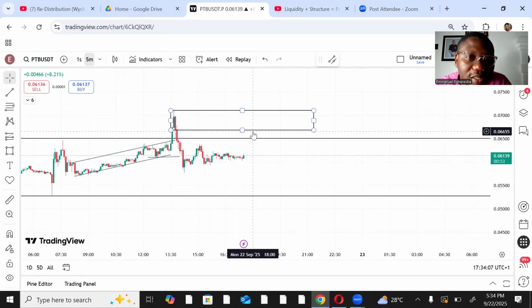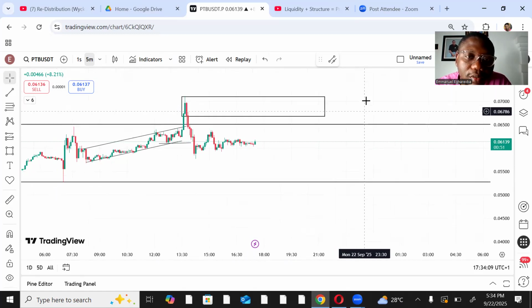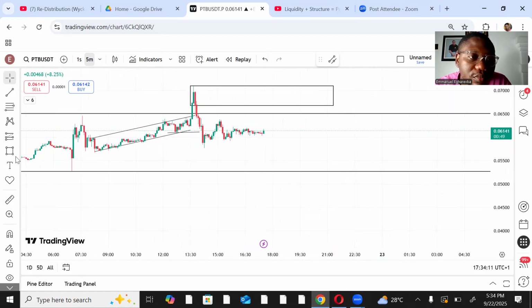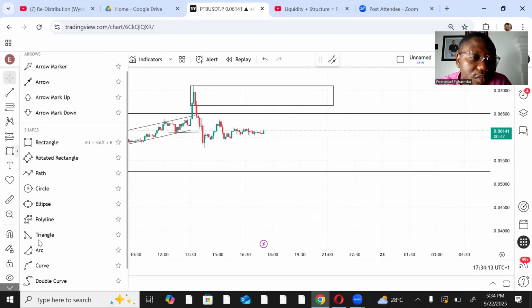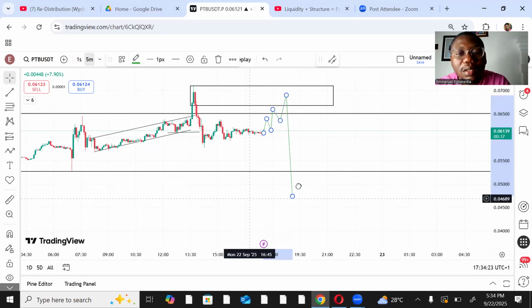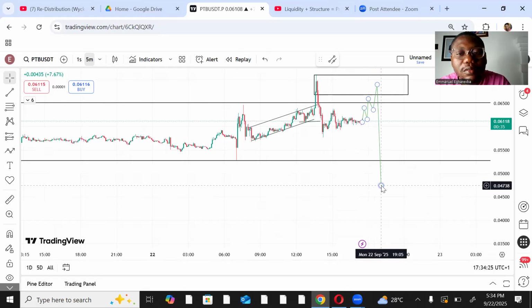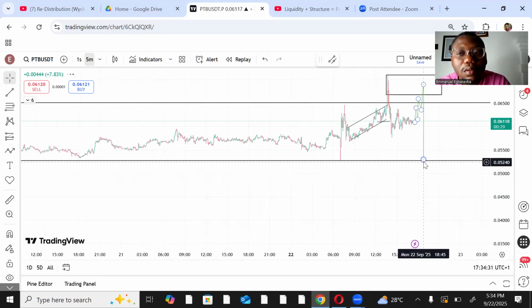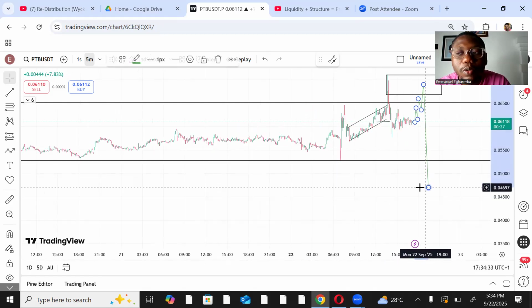So the moment we get here, we should expect a sell from this region. Simple. Nothing really serious here. Should expect something like this. And then we sell all the way down, probably maybe to this point. Or we could even sell further.